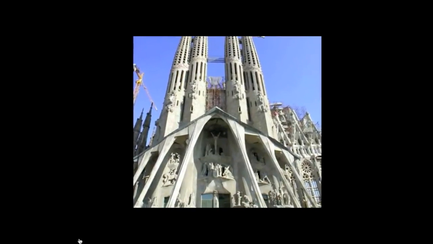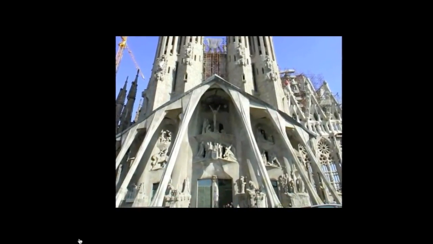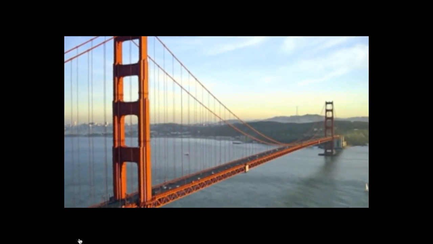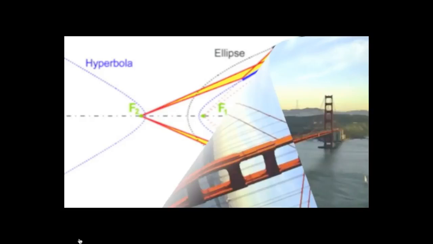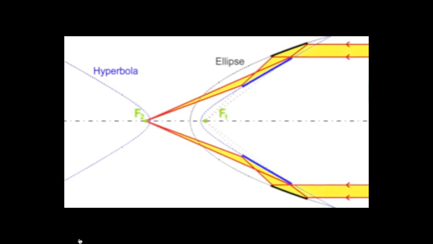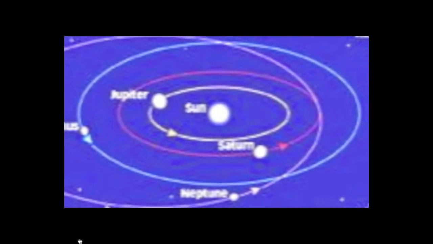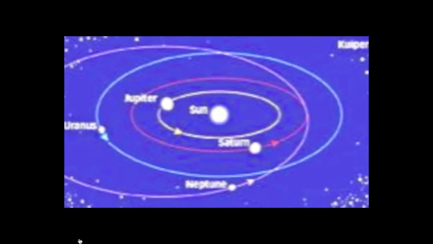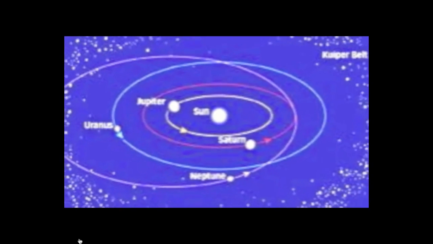Another example is in architecture. Both bridges and buildings use conics as support systems. Mirrors and lenses are concave in the shape of conics to focus light to a singular point, just like a lighthouse or a searchlight. Conics are also used to describe the orbits of planets, moons, asteroids, and satellites in our universe.